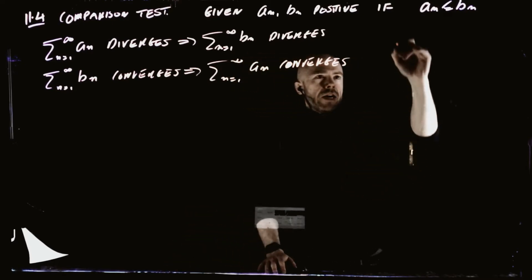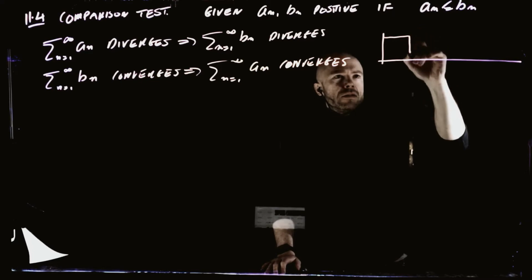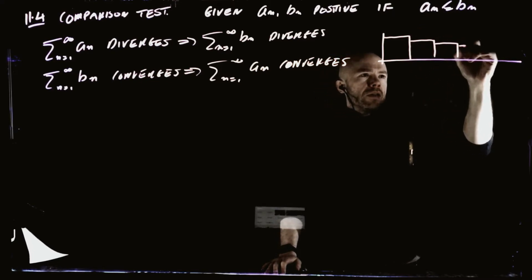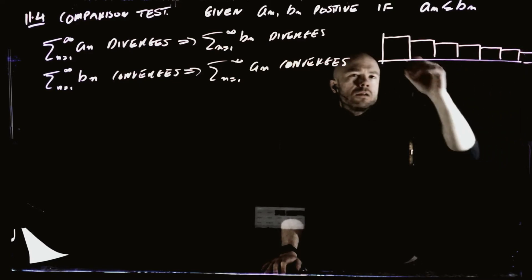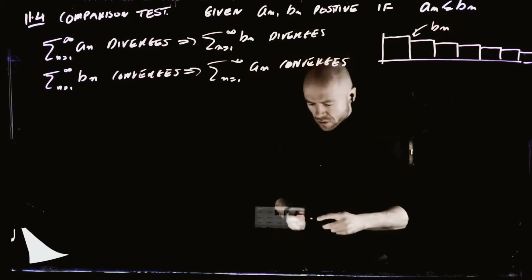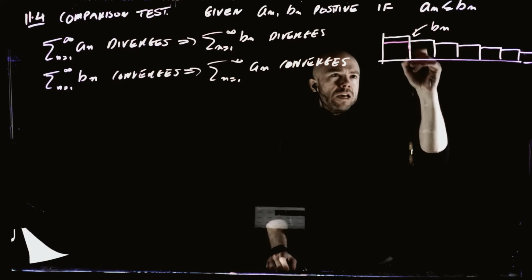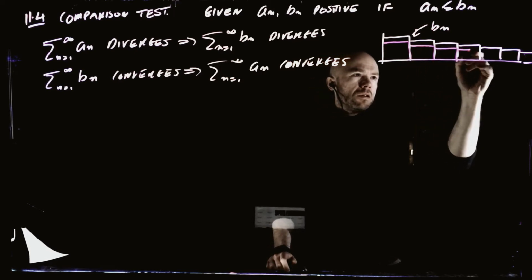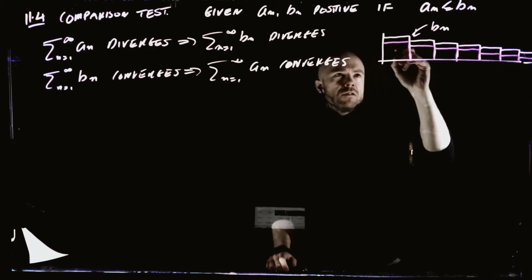And this is completely natural, right? We draw the picture. We have that the bn are bigger than the an, for every single n, or bigger than or equal to. So these blocks I'm drawing will be the bn. And the an are less. So this guy will be the an.